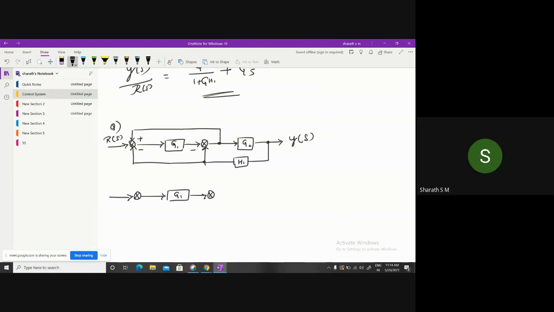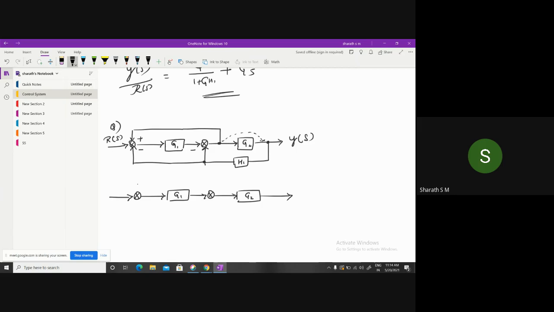What about this feedback? So the takeoff point should be shifted. Left or right? So right. We need to shift the takeoff point from left to right.